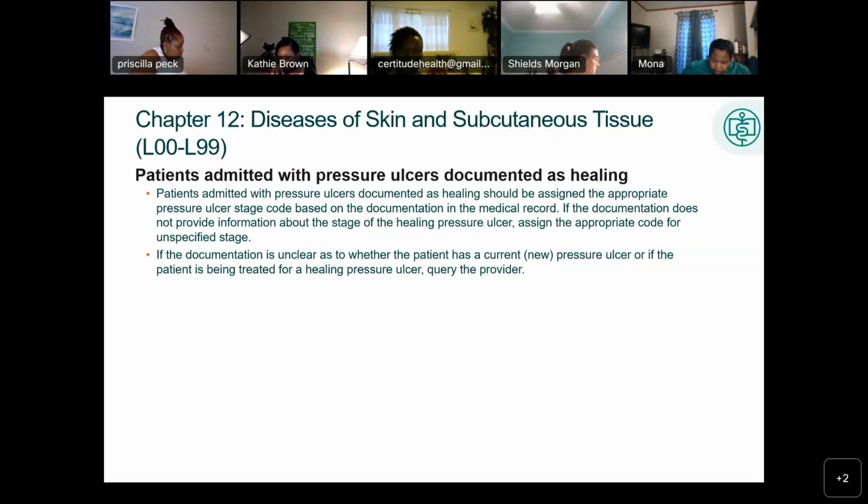Let's look at number 6 because that's the one referenced in the slide here. And it says that if a patient is admitted to an inpatient hospital with a pressure ulcer, wait, am I reading the right one? Hold on.